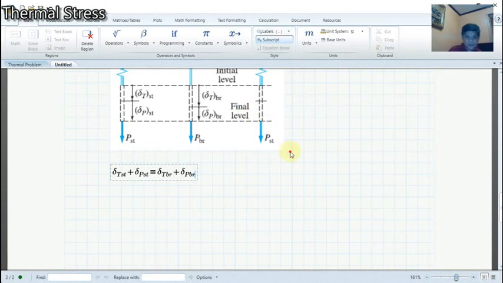Okay, so this is our compatibility equation, and let us substitute the values.